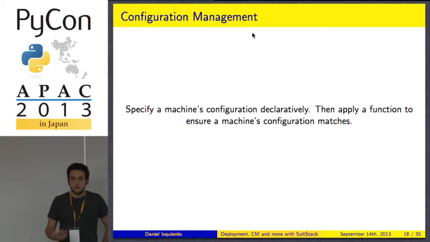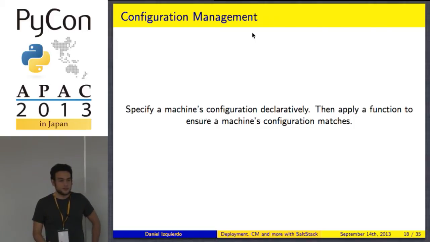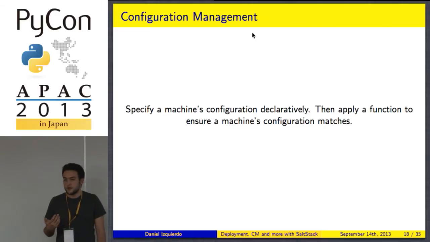So whatever is needed for a machine to be ready to do the work that it is purported to do, which might mean a web app server, or a web app DB server, or whatever you need.